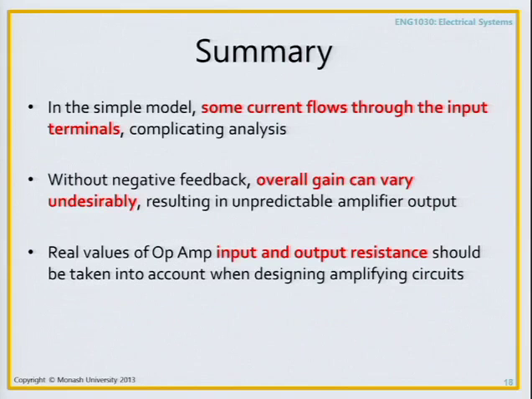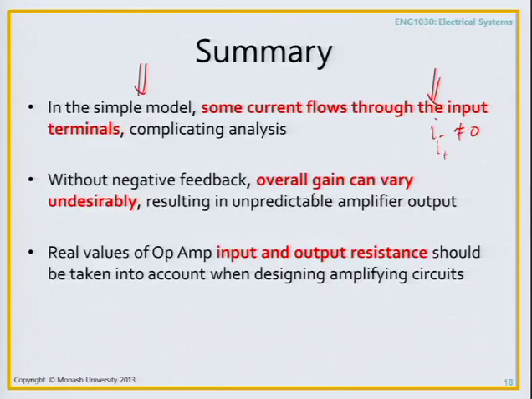In summary, this is a short lecture, which is good. In this simple model, there is some current flowing through the terminals, so I minus is not exactly equal to 0, and neither is I plus.